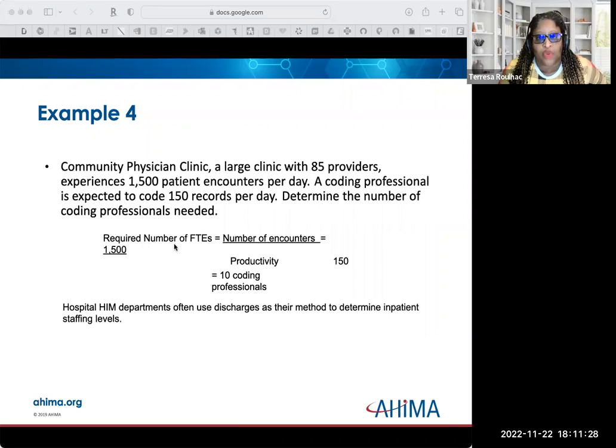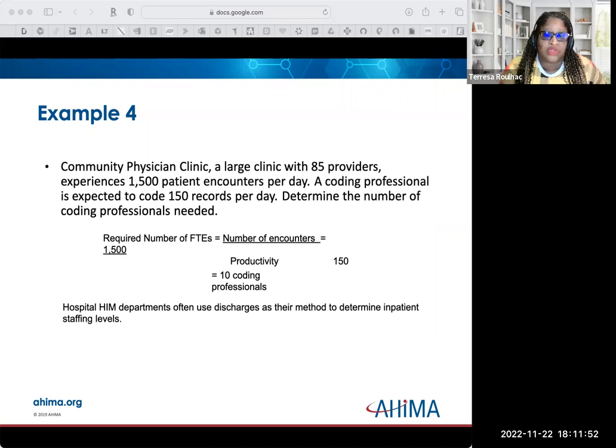So we have the required number of FTEs equals number of encounters divided by productivity. The number of encounters is 1,500 and the productivity is 150, letting us know that we need at least 10 coding professionals.